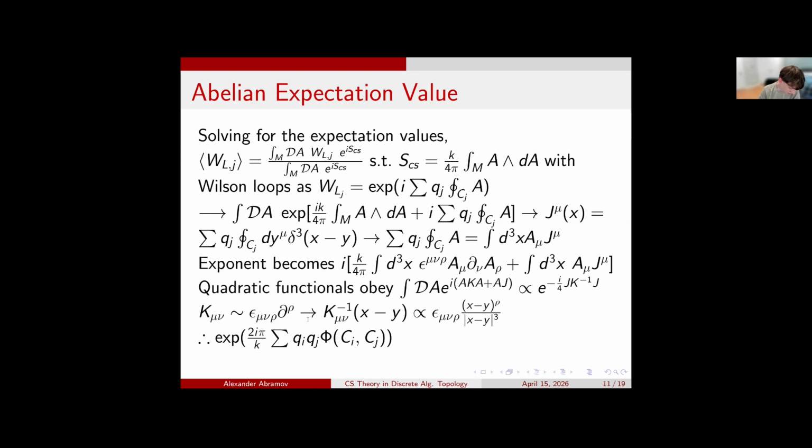And it's pretty interesting because if you use a Green's function on this inverse, you get a Biot-Savart kernel, which I thought was pretty neat. And this term right here, this J K^-1 J term, becomes a double line integral over Ci and Cj, which index paths. So instead of using A and B as paths like I did on the previous slide, I use Ci and Cj. And that's how I was basically able to solve these partition functions here for that example.